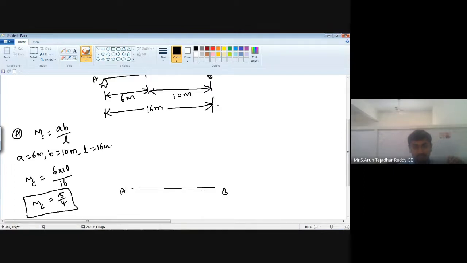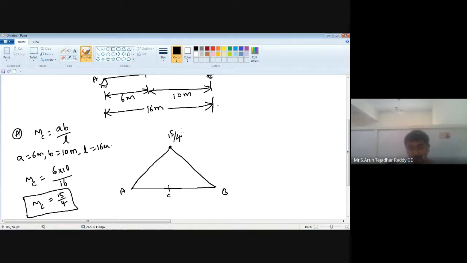A, B, it is C. So this value is 15 by 4. But that is not the final moment value, because here we have a wheel load.